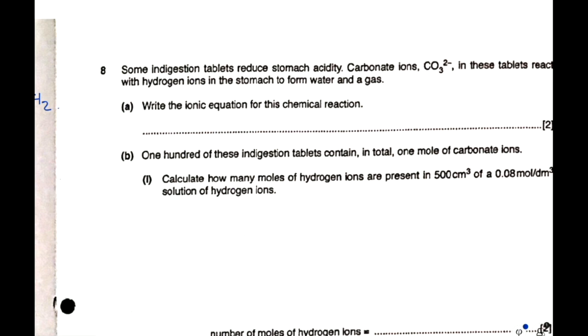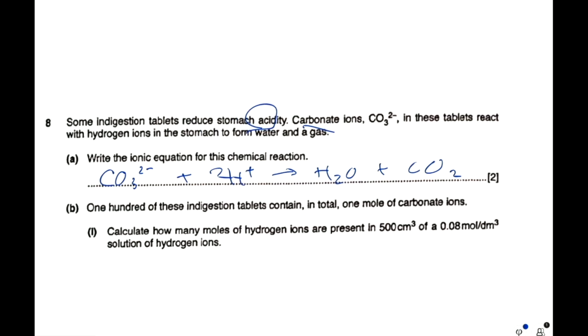Right, because it's a carbonate, CO3 2 minus plus H plus, because acid is H plus, will be H2O plus CO2. So that's the ionic equation, with 2 H plus.